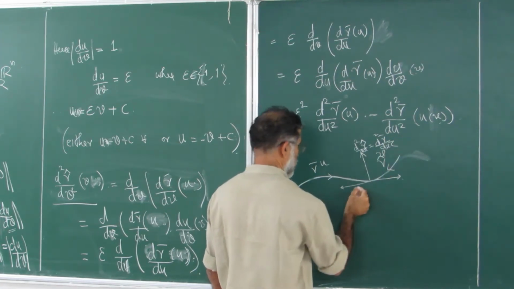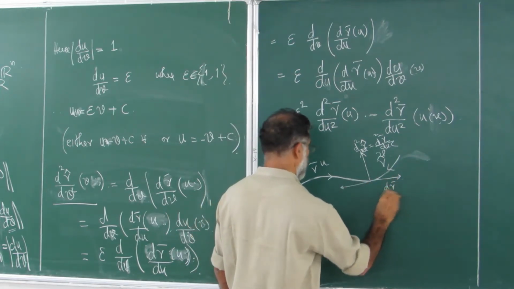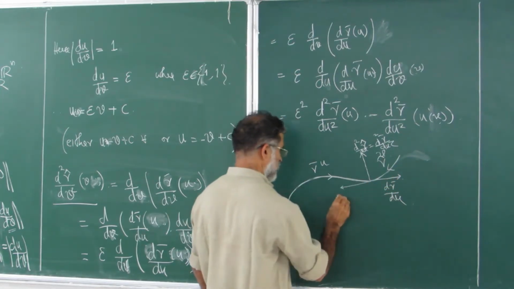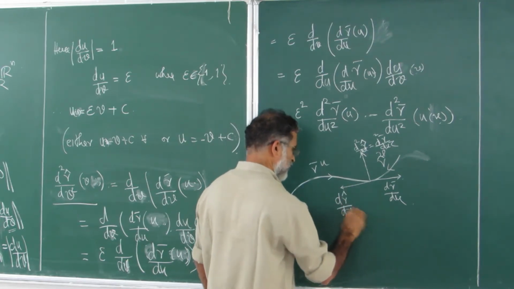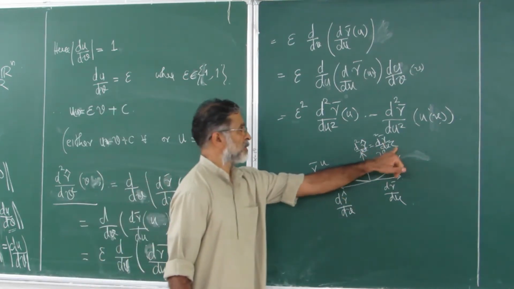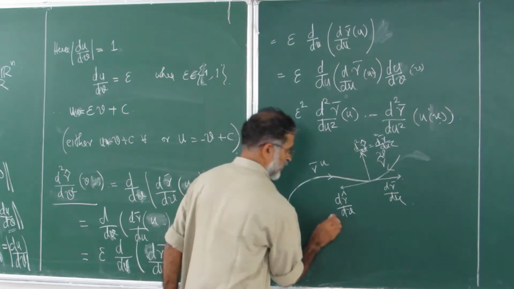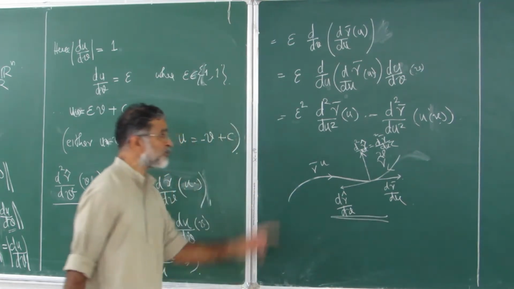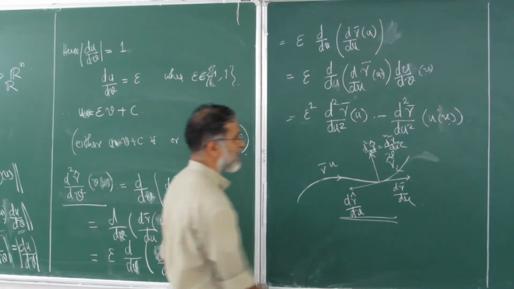Whereas d gamma bar by du and d gamma cap by dv are in opposite directions, while the second derivative will be in the same direction. So that's a very important thing. It's independent of the unit speed parameterization. Both of them give the same vector.